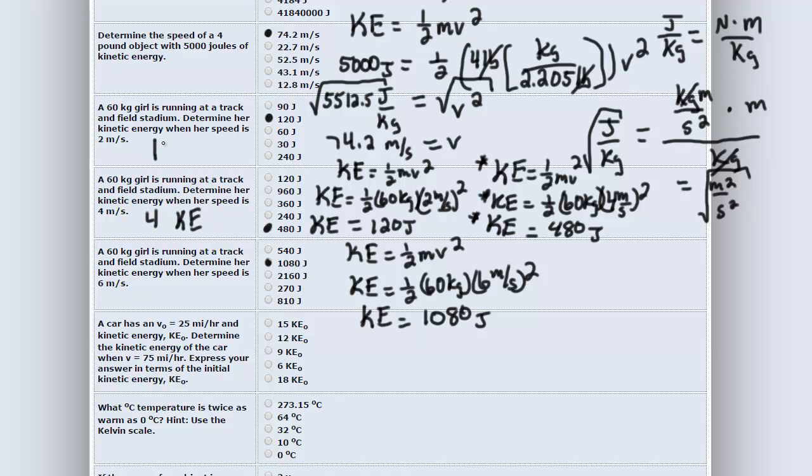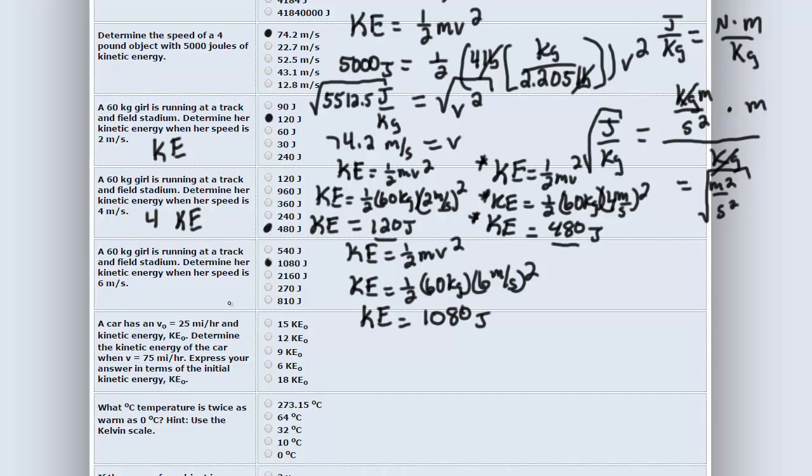So whatever kinetic energy she has here, she should have 4 times the kinetic energy here. In this problem, she had 120 joules. Now she should have 4 times as much, and 4 times 120 is 480 joules, just like we got. What happens when she triples her speed and goes to 6 meters per second?